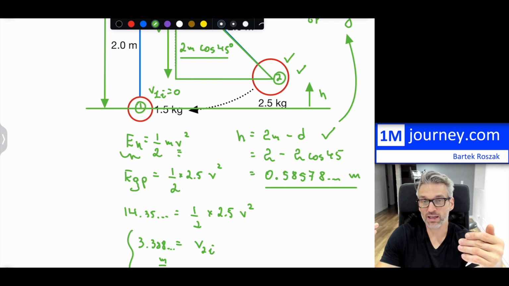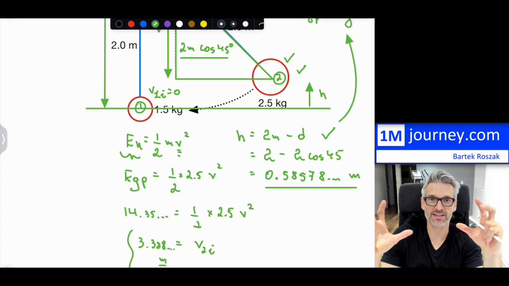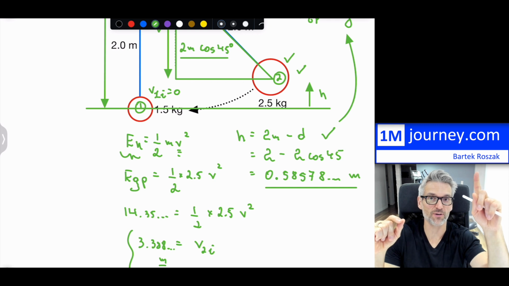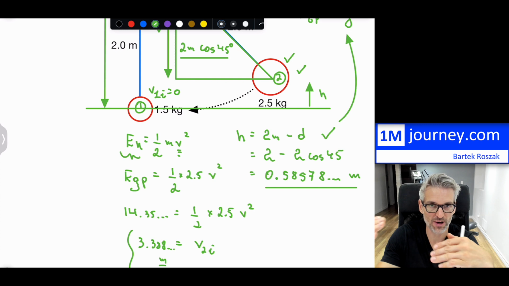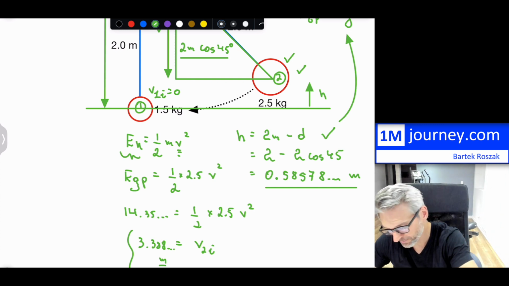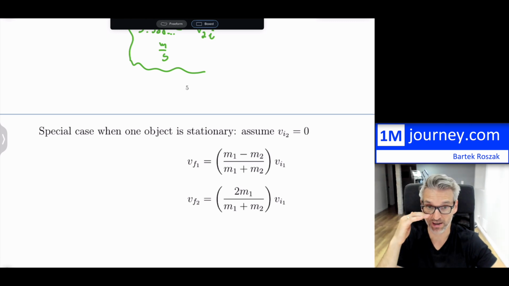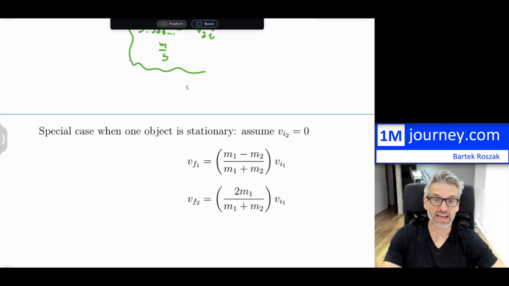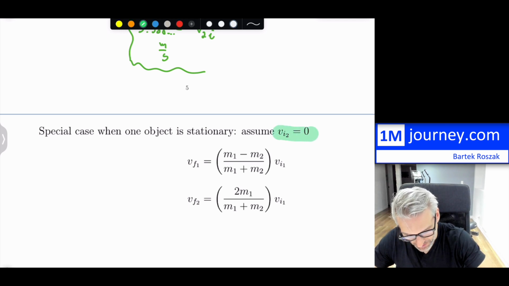Now, if you are using formulas or if you remember, then you can use those special cases for elastic collisions. I'll put up a link above if you want to see that video, because I'm going to just bring in the formulas here so that I don't have to manipulate everything again. So here it is. This is what the final speeds are in these collisions, based on the assumption that it's elastic. Also, we know that one of them is equal to 0.